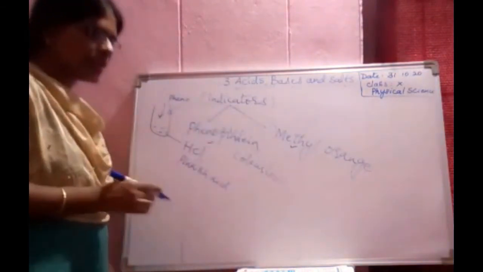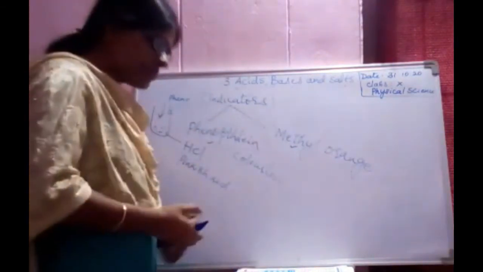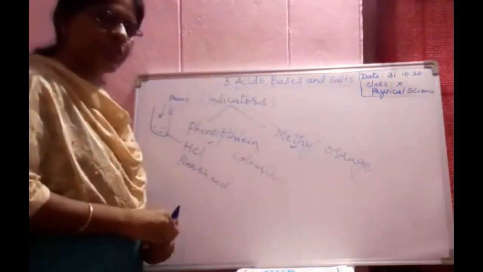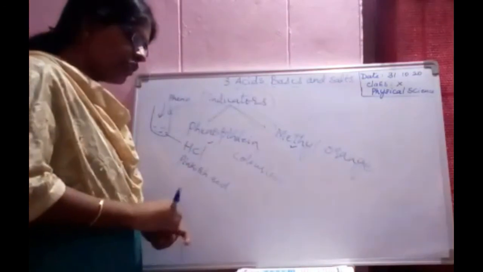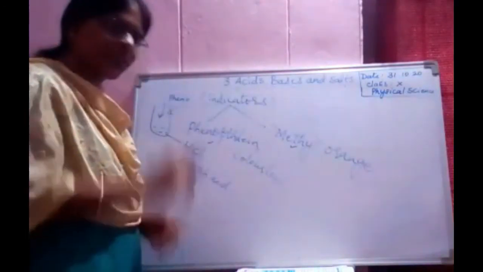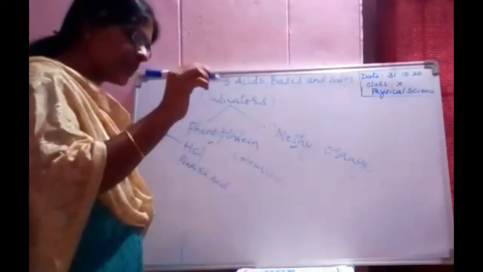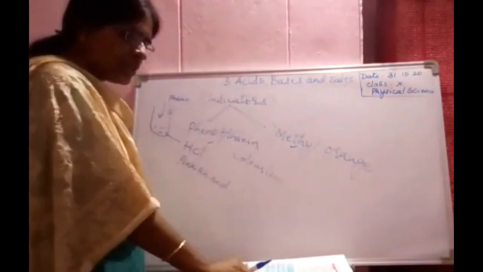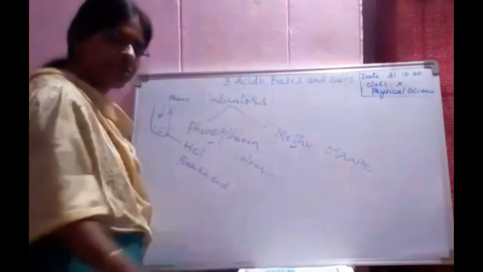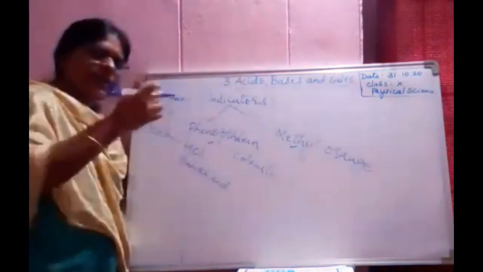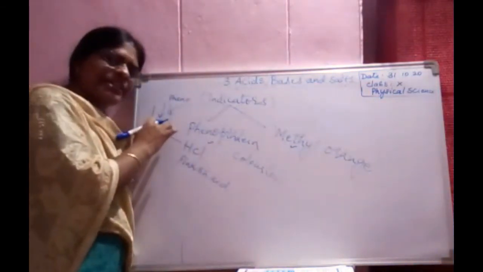Now in your textbook, take out page number 34, table 1. I will show you that. Look at the first one, HCl. You are given red litmus paper, blue litmus, phenolphthalein solution, methyl orange solution. First, in a test tube, we have taken HCl.